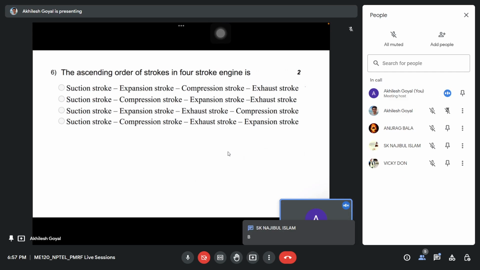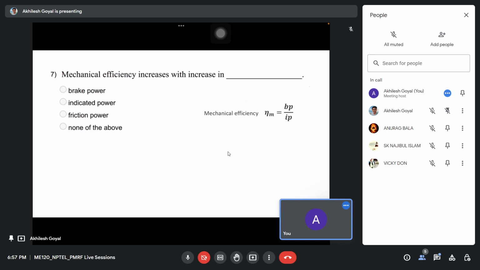So first suction takes place, then this air is compressed in the compression stroke, then fuel burns and we get power in this expansion stroke, and in the exhaust stroke we move these burn gases out of the cylinder. Okay, so option B is the right option. Okay, let's move to the next question.